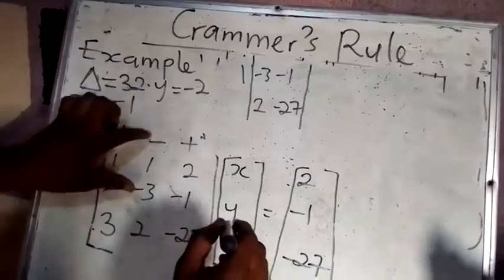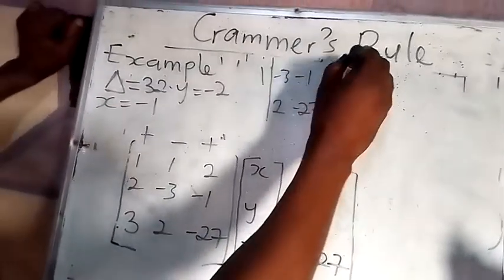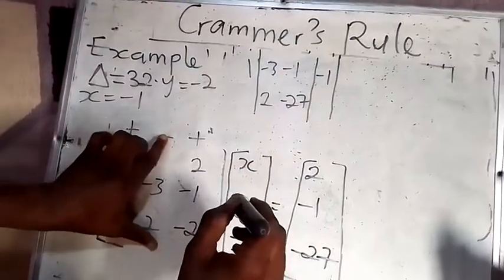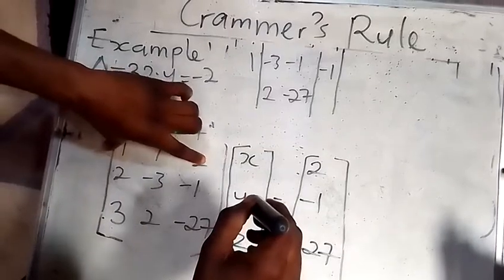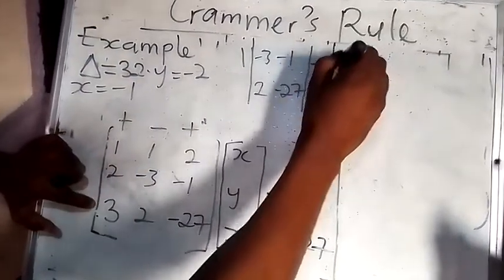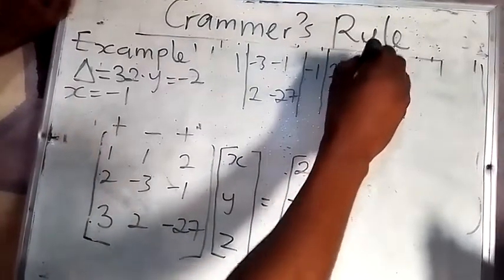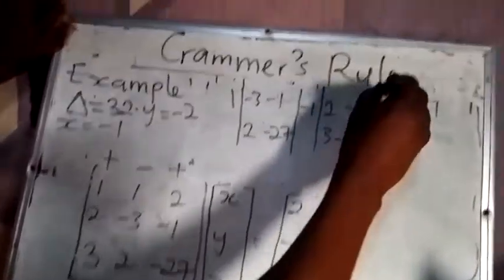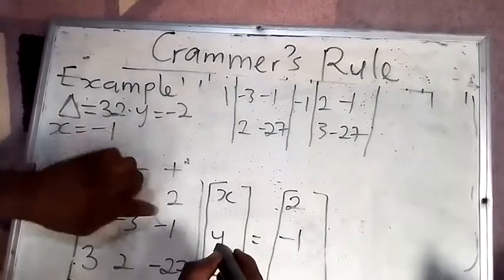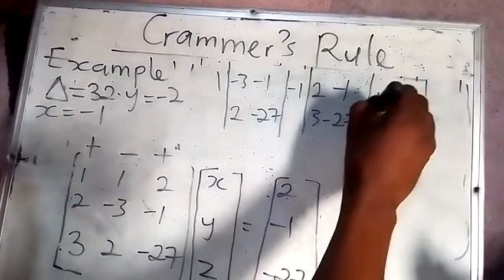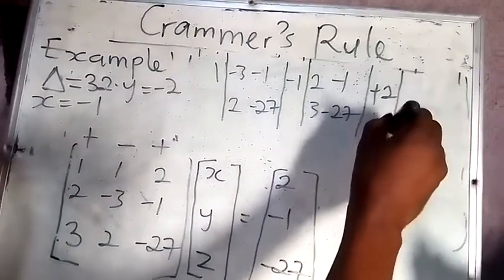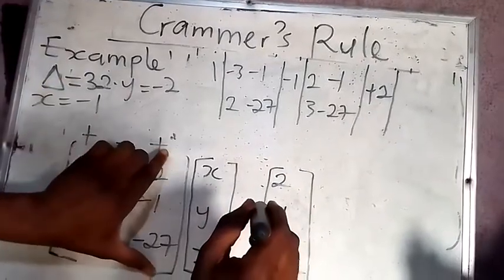So the next one is minus 1. So hold the vertical and the horizontal. We have 2, 3, minus 1, minus 27. Hold the last one, that is plus 2. Hold the vertical and the horizontal.